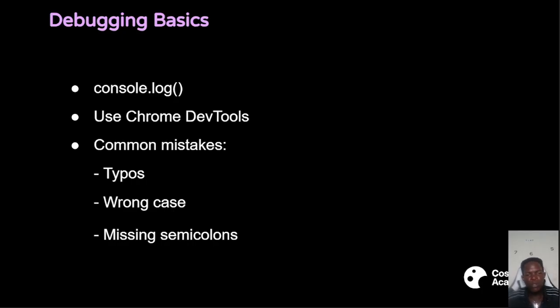Then missing semicolon, so you can mistakenly just forget to add a semicolon, and it won't come up on the screen. These are just basic mistakes or debugging basics you need to have while you're working, so that in case you have one or two issues, it will be easy for you to debug. When you hear the word debug, it is to look for where an error or a particular issue is coming from.